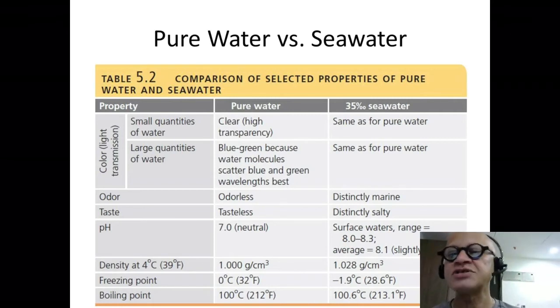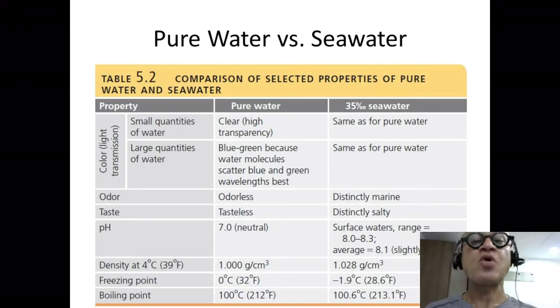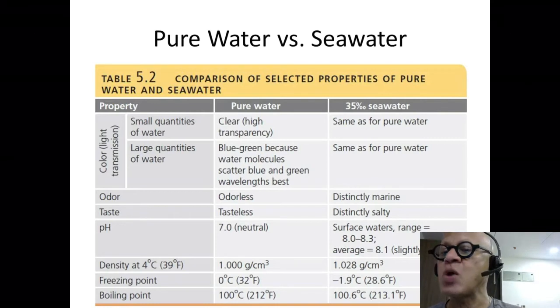So pure water versus seawater, what are the properties? Even though there is only 35 grams for 1000 grams of seawater, the properties do change. So you can look at pure water and 35 parts per thousand seawater. You can look at the color in small quantities and large quantities.